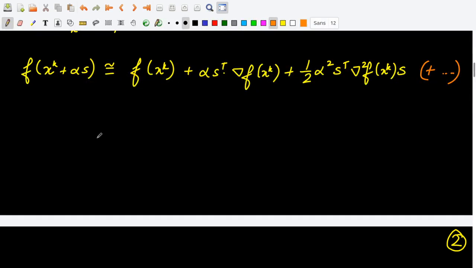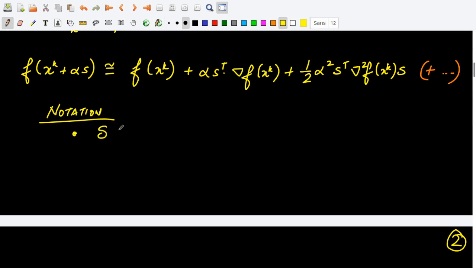So let's change the notation slightly and use a short notation for gradients and Hessians, and also for this alpha times s.